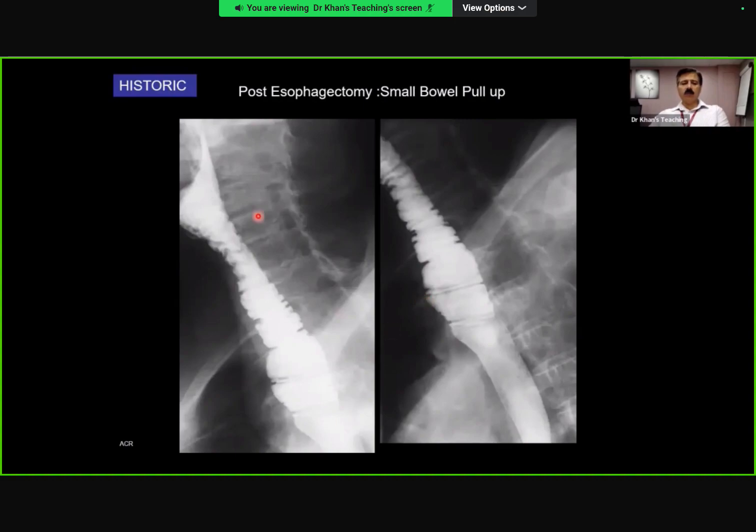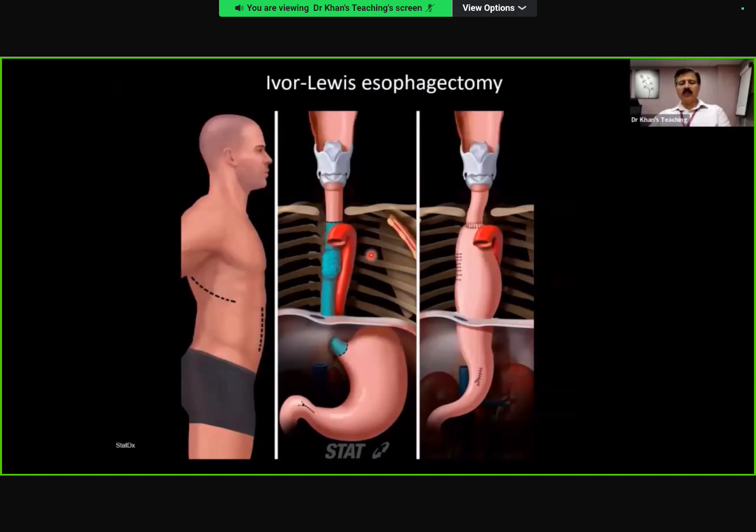But they have pulled up the whole of the small bowel. But with that background, look at this. And this you have to remember for your exam. That the patient has got some sort of esophagectomy done. And then a portion of the stomach, this is the new stomach.